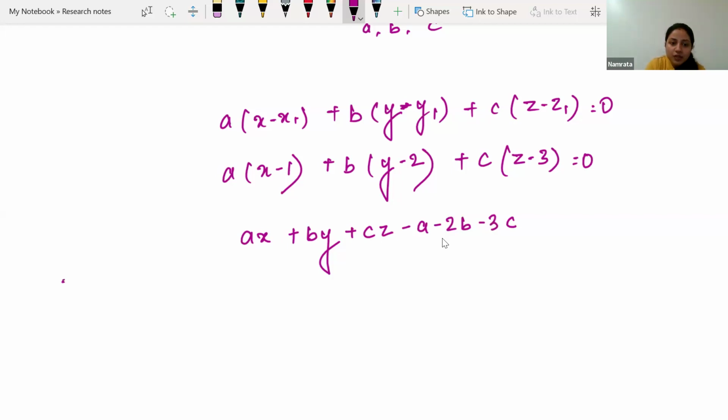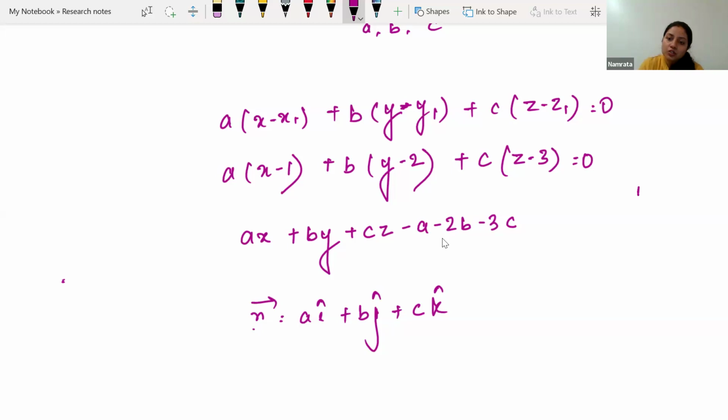Normal to the plane will be x coefficient with i cap, y coefficient with j cap, and z coefficient with k cap. This is the normal to the plane. Now this we are saying will be perpendicular to the y axis also.